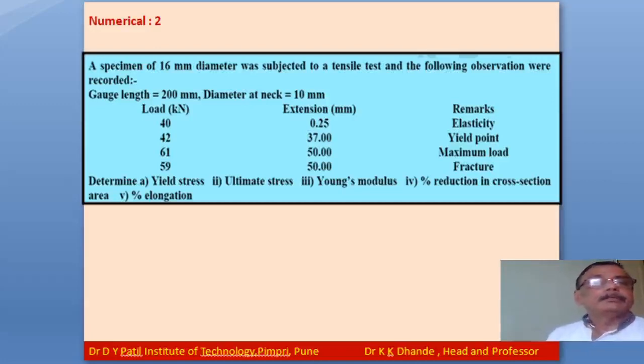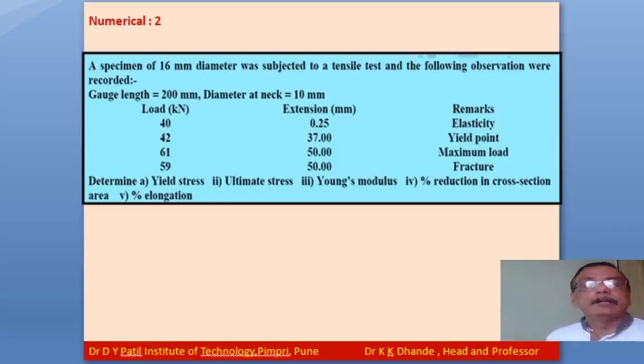Gauge length 200 mm, diameter at neck 10 mm, different loads are given, that is 40, 42, 61 kilonewton, 59 kilonewton, and the extension against that load is given as 0.25, 37, 50 mm, 50 mm respectively.